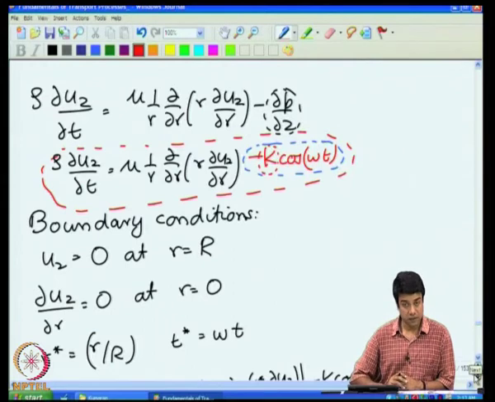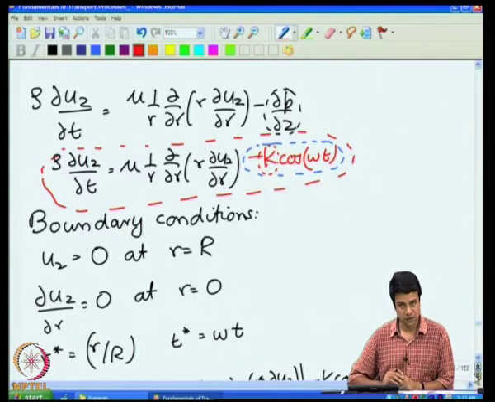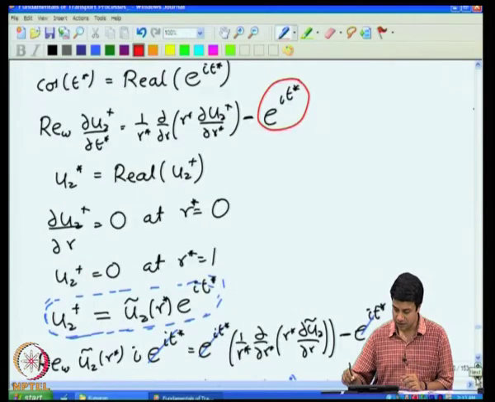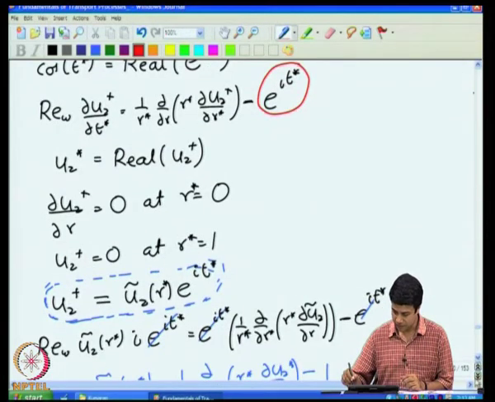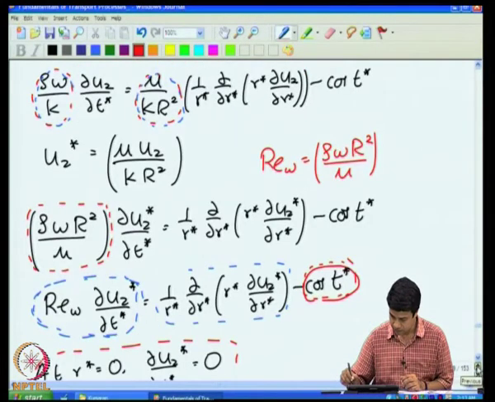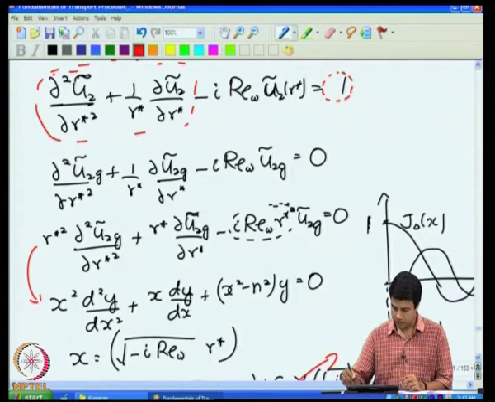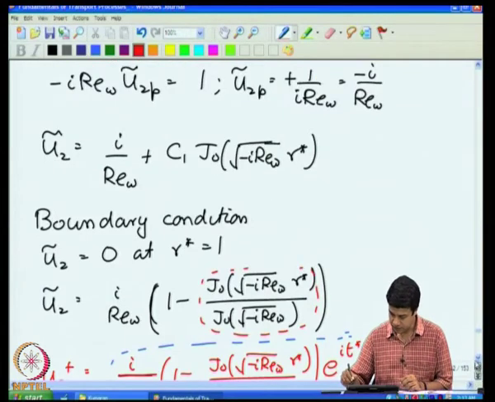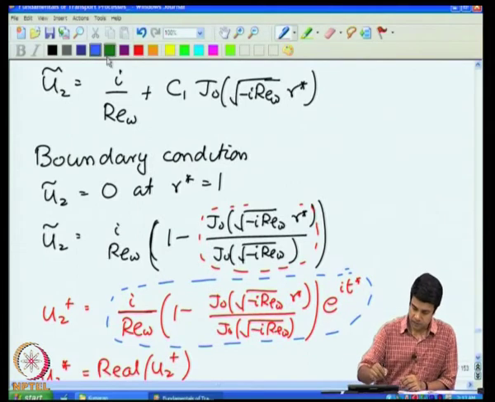And then we had looked at the oscillatory flow in a pipe, once again a laminar oscillatory flow. And I illustrated two techniques of solution for you, the regular perturbation solution and the singular perturbation solution at low and high Reynolds numbers. We managed in this particular case to actually get an analytical solution for the velocity profile in terms of Bessel functions.